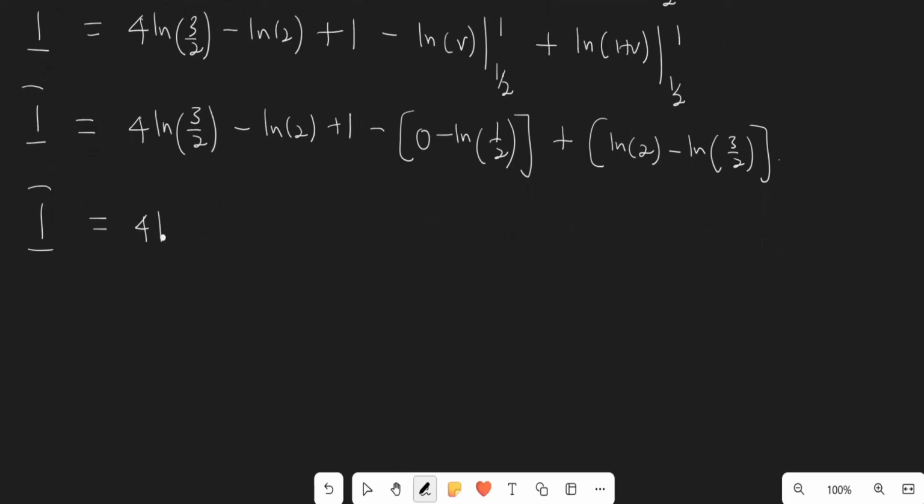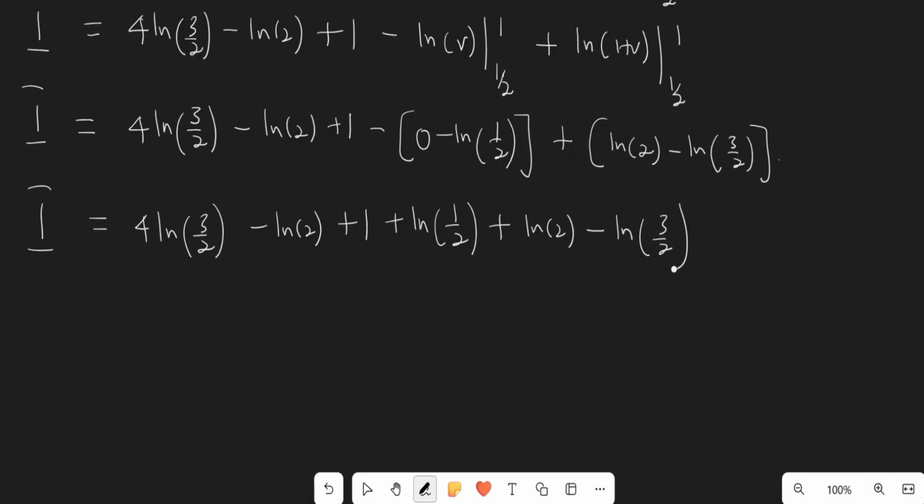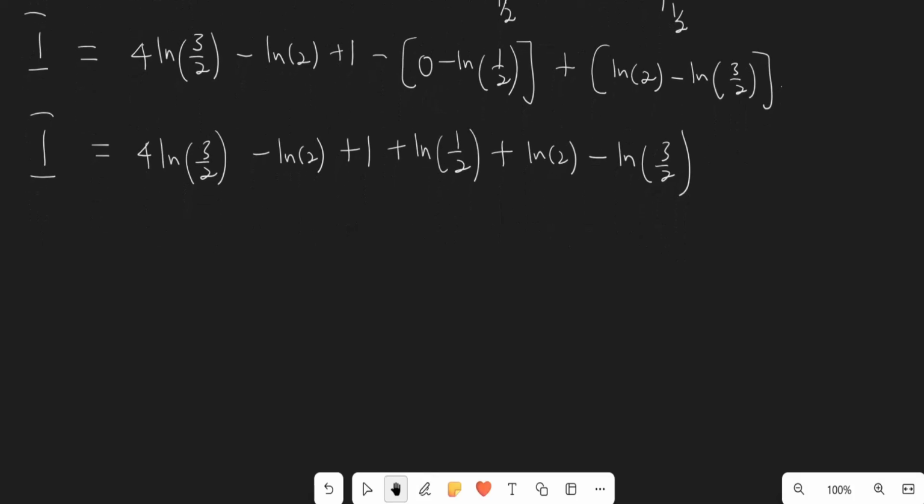So this is 4 times the ln of 3 over 2 minus the ln of 2 plus 1. This one is going to be negative and is going to cancel out, and I'm going to have plus the ln of 1/2, and then here you have plus ln of 2 minus the ln of 3 over 2, like this.